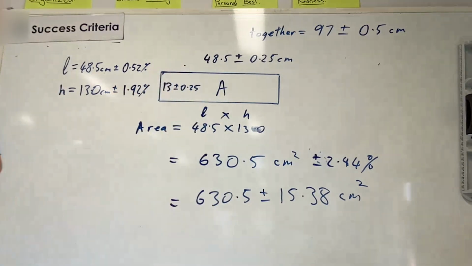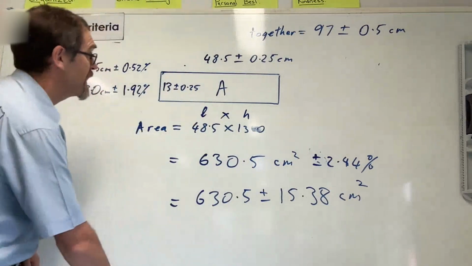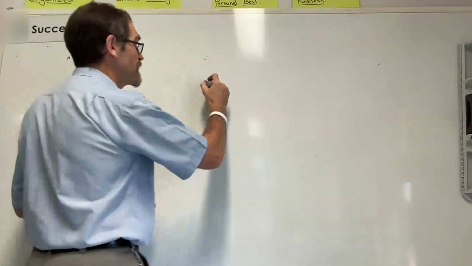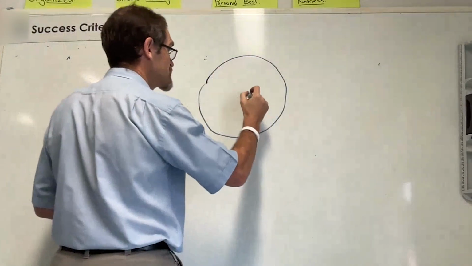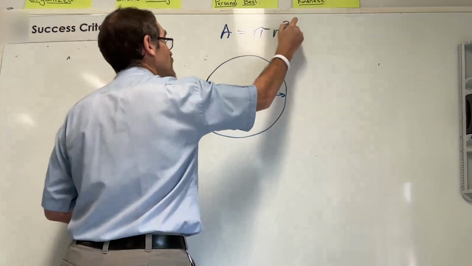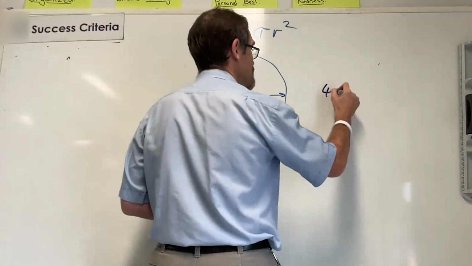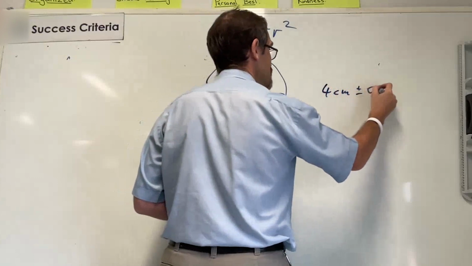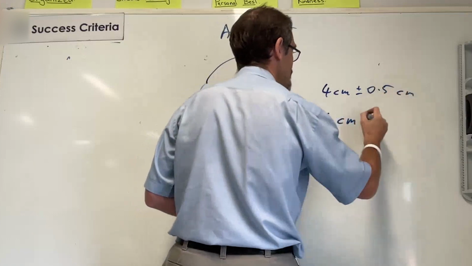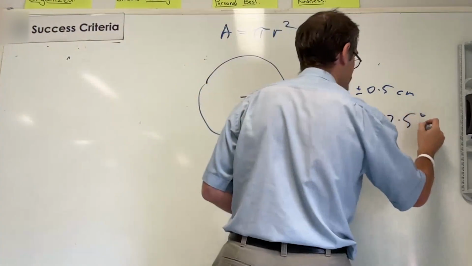You're getting that idea. If we raise a quantity to a power, for example, if we want to find the area of a circle, we've got the radius. Okay, pi r squared. So we've got that radius might be 4 centimeters plus or minus 0.5, which is the same as 4 centimeters plus or minus 12.5%.